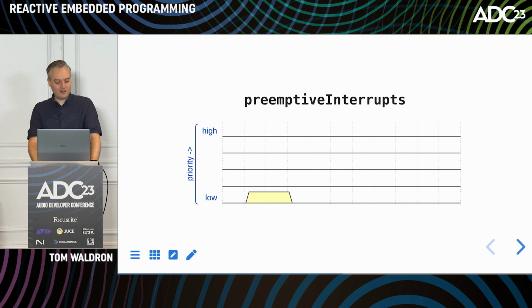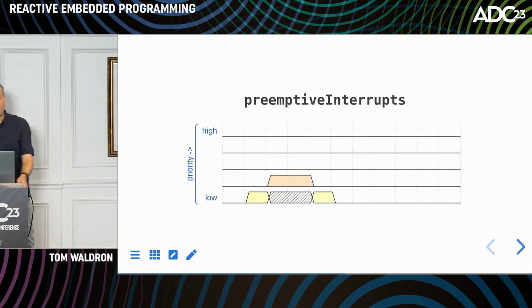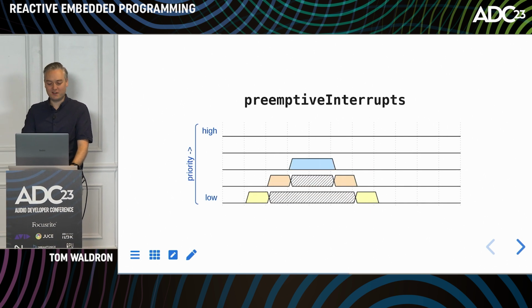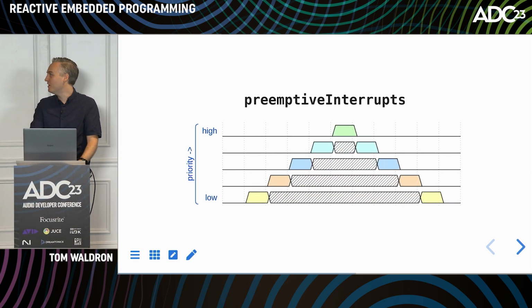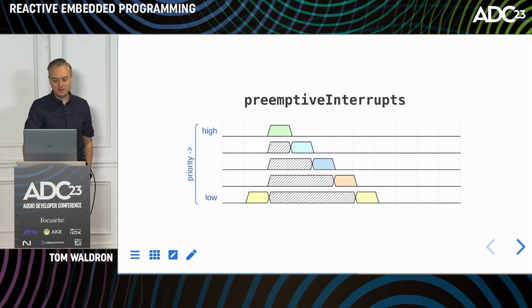So what does that look like? I've got our priorities on the left, low and high, and if we have our low priority task, we might interrupt it with a slightly higher one, etc. You get the idea, and when they're done, we all go back down. This is starting to look probably a bit like a threading system, which it sort of is.